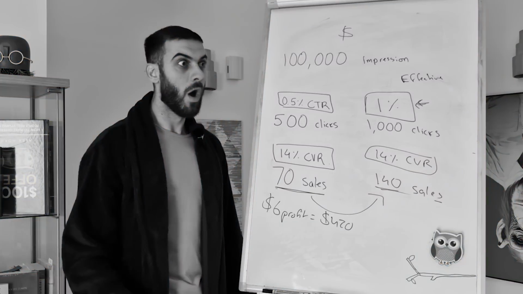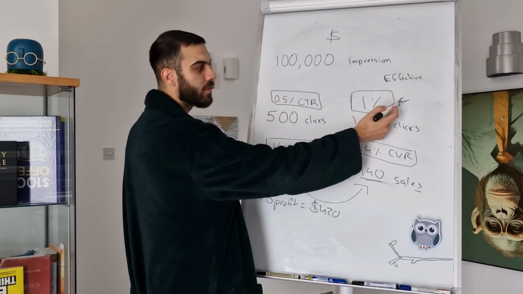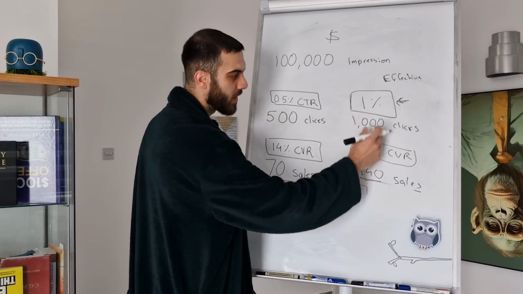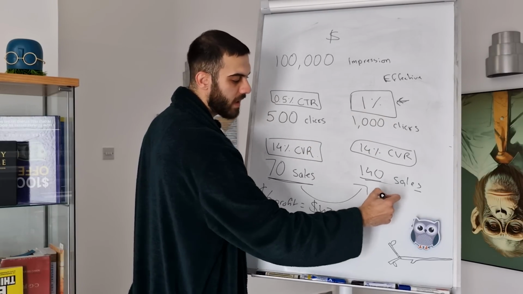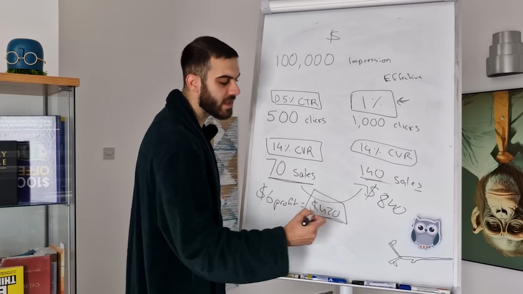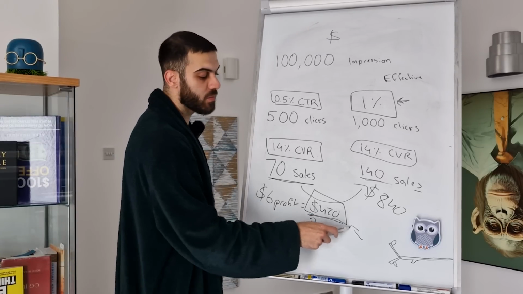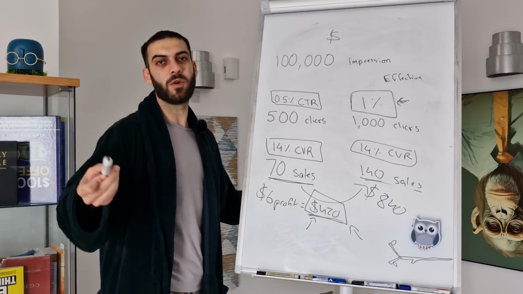Most publishers are going to say, $200 for a book cover? Oh, that's so much money. If you can increase your click-through rate and you have a more effective one, now you just doubled your click-through rate. Over here, we're making $840. So now we're making $420 extra every single month without having to pay more for ads, without any of that, just because we hired someone with a better quality cover.